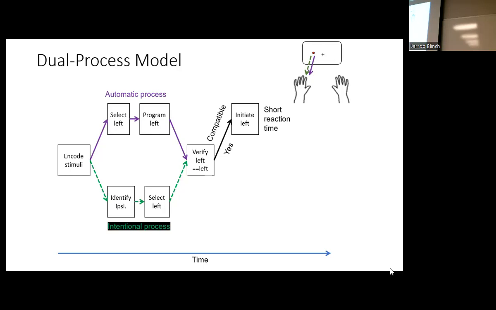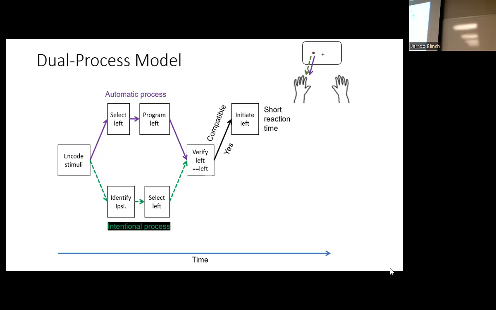Okay, so I see something on the left. What was I told? What are the instructions? It's ipsilateral, so I should make a left response. So the intentional process, you can think of this as the part of your brain that remembers and understands the instructions. It says, okay, I was told ipsilateral, left goes with left. So I spent some time thinking about what I want to do. I'm going to select a left response.